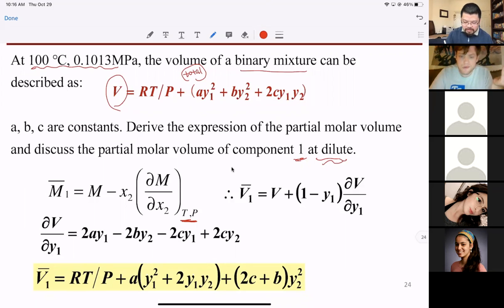Or if I write down, this is partial molar volume, so this is V1, that is the partial molar volume of component 1, right? So we try to understand when Y1 goes to 0.